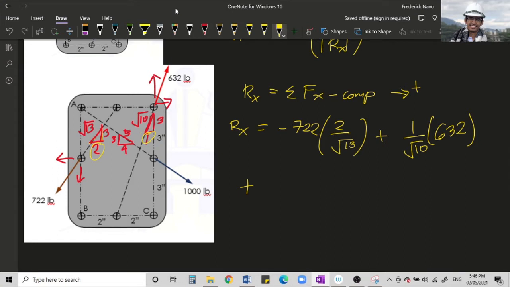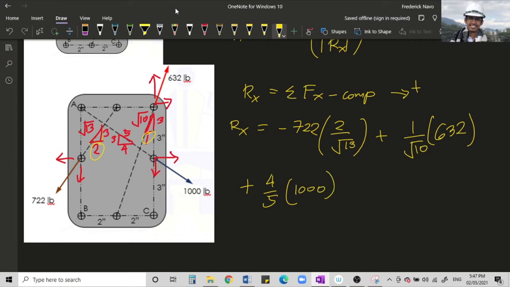So, this will be 4 over 5. Multiply natin siya ng 4 over 5. So, actually, yung component nitong 1,000 pounds will be dito. And we have going to the right. Okay. So, for the x component going to the right, that is positive. Positive, multiplied by 4 over 5 times yung 1,000 pounds.